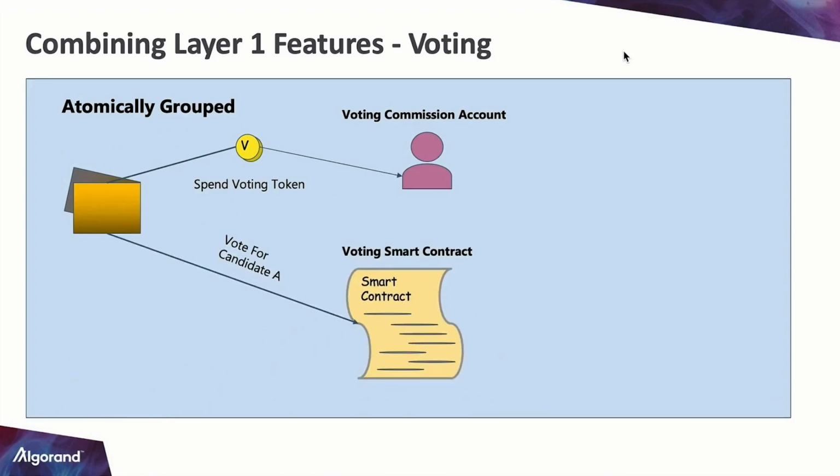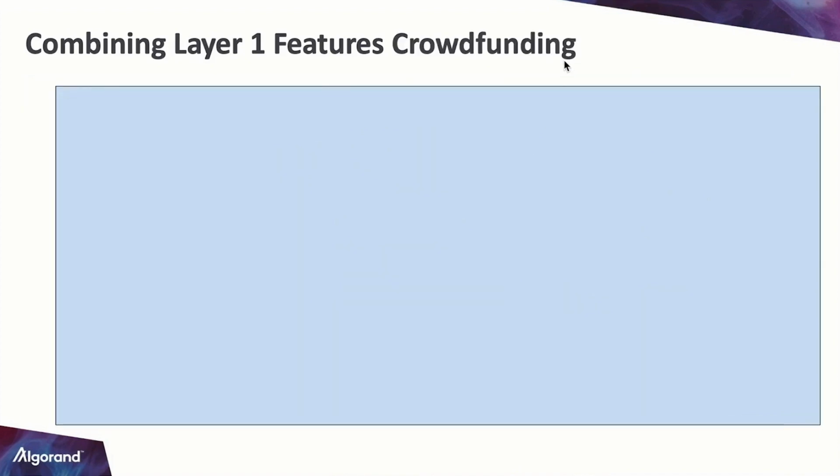Then you vote for candidate A, and there's a voting smart contract that makes sure this is legit. Once it's legit, it'll increment the candidate vote total up in global state on the blockchain. So that's the whole scenario. If for some reason the contract doesn't work, then this vote never happened, and you would go back and make that happen.